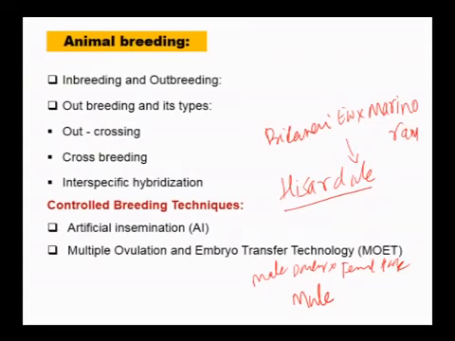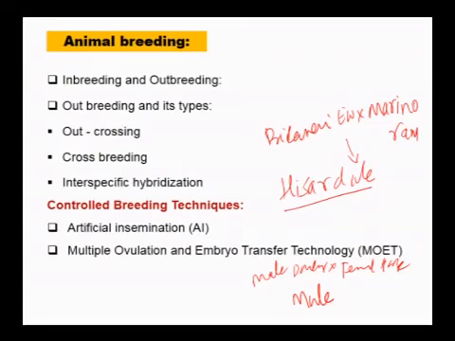These two concepts we have discussed in the previous chapters like reproductive health. Artificial insemination is insertion of the semen into female reproductive tract collected from superior breeds of the bulls.